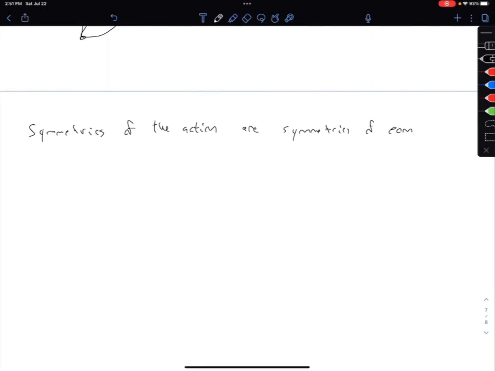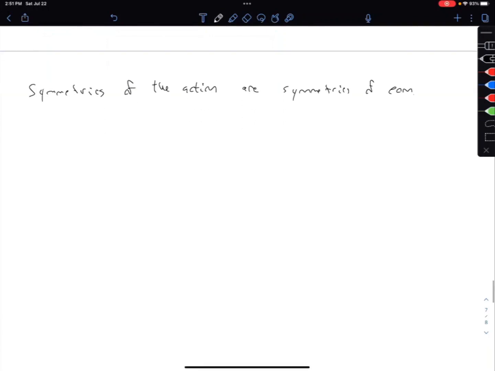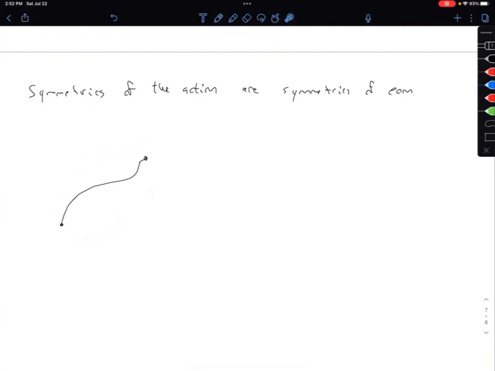The reason for that is very simple. Suppose we have a symmetry of the action. That means that if I take some path and then I deform it, I will get the same action. But let's assume that this path is a solution.